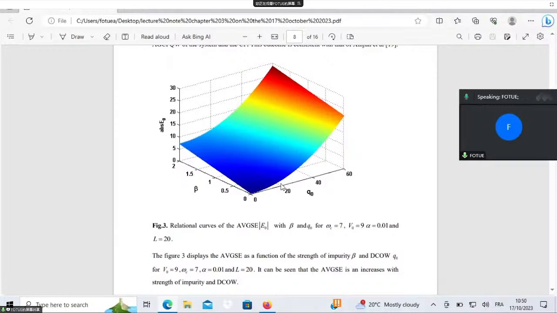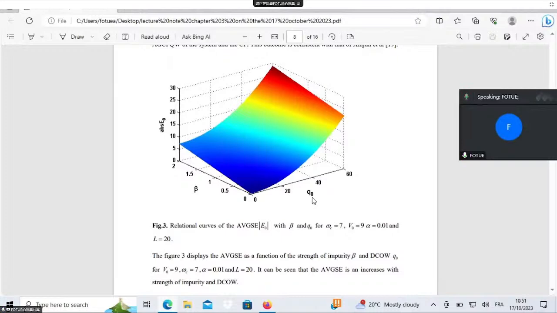And from a certain value of the cutoff wave number, we have a kind of parabolic, exponential behavior of E0 as a function of Q0.